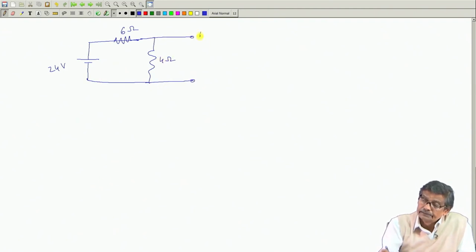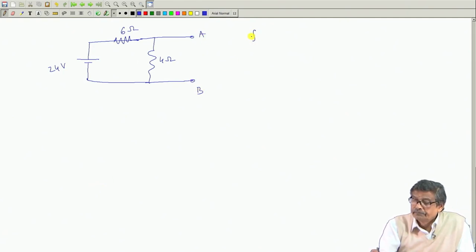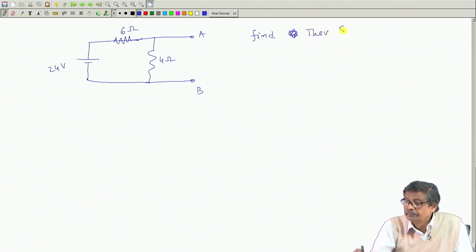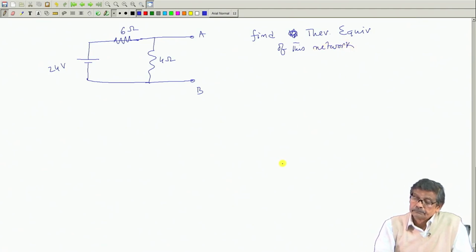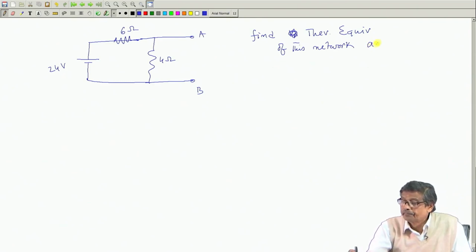I say that find V AB, Thevenin's equivalent of this network across AB.